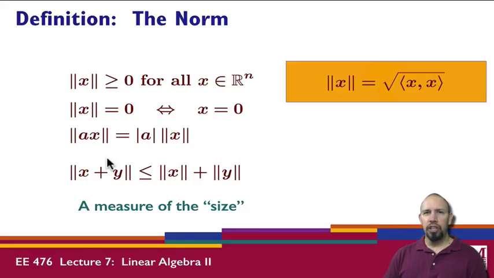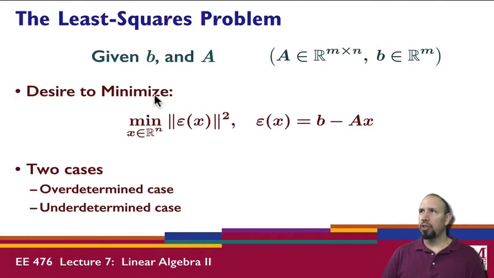As we look at the solution of the linear algebra problem, it's important for us to have the right tools to use in order to evaluate the problem and its solutions. So here's the least squares problem. Given a vector b and a matrix A, we want to minimize the error, where the error as a function of x, where x is some vector in R^n, is given by b minus Ax.